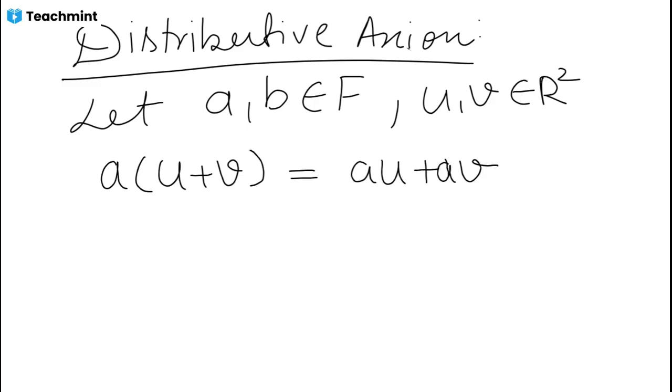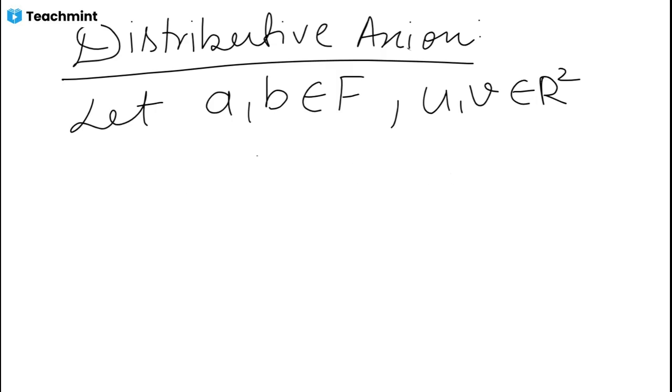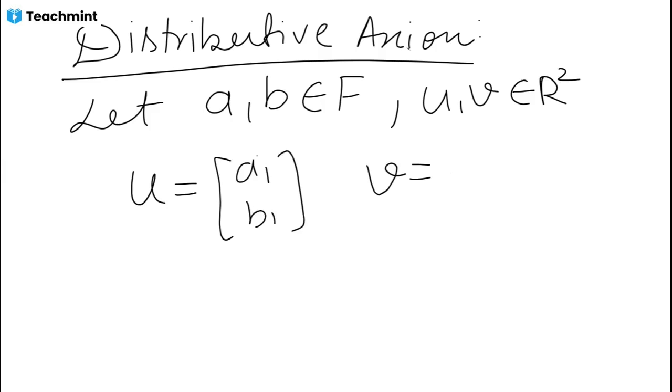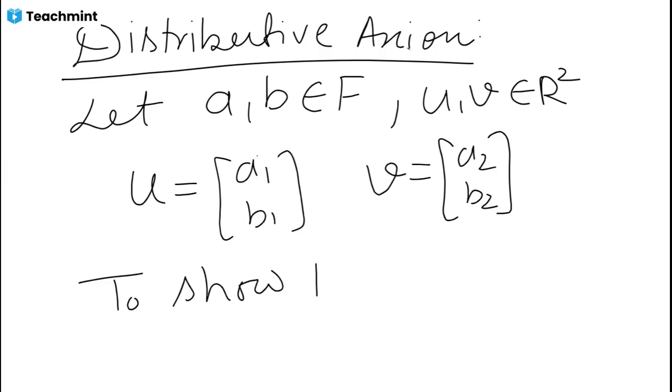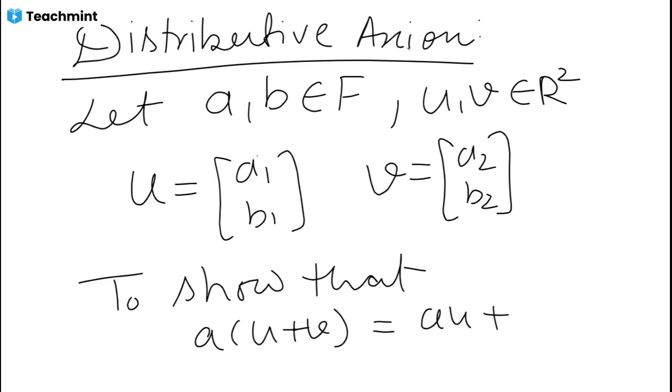Let us verify that. First of all, let us denote u and v like this: u is equal to a1, b1 and v has a2, b2. Now to show that a(u plus v) must be equal to au plus av.